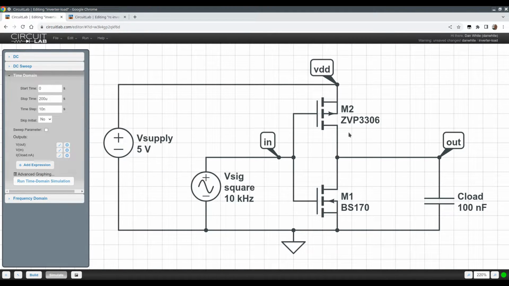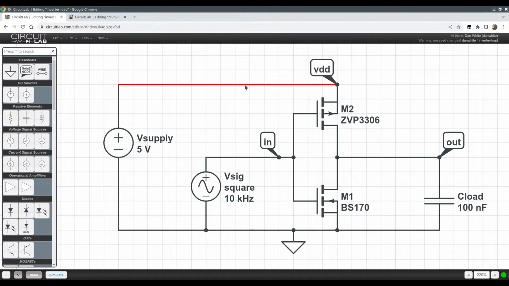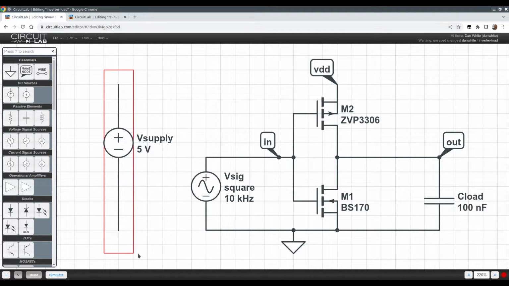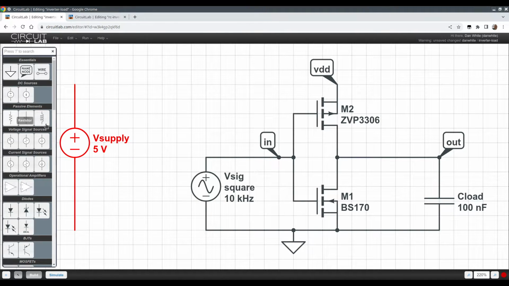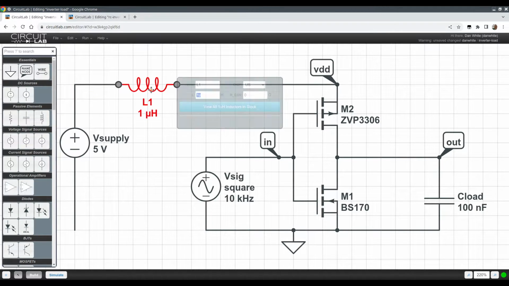What's actually interesting, it's always interesting, is we need to model the wires from our power supply. I'm going to take my power supply and scoot it over a little bit and stick an inductor in the top. I'm going to call this L wire plus.